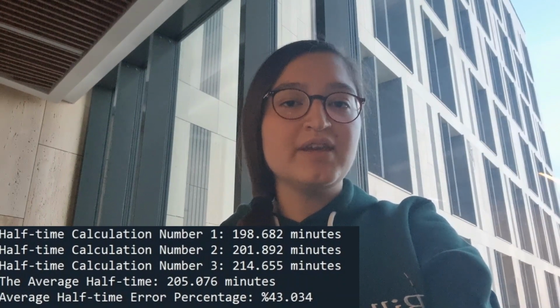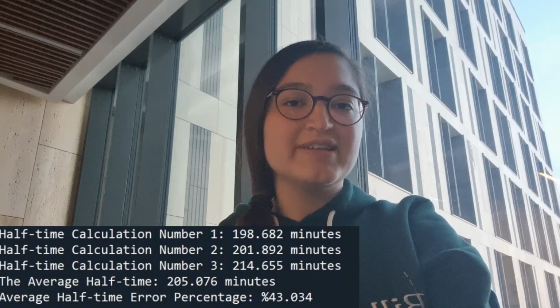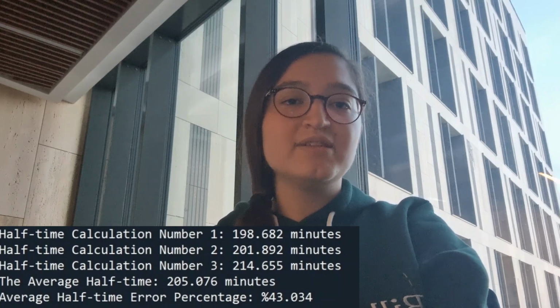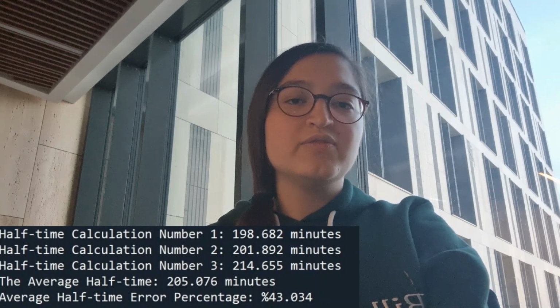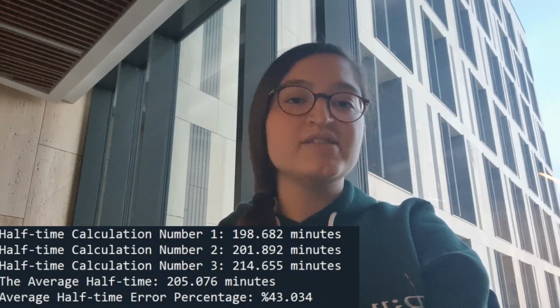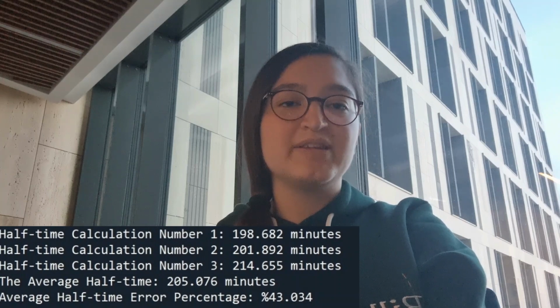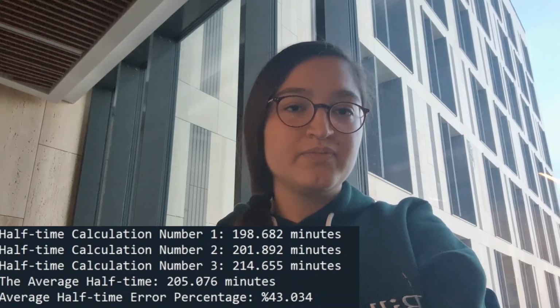When we investigate the results for the approximation of the half-life of Technetium-99m, we can see that the error percentage is very high. The error is 43 minutes, and this value cannot be disregarded so easily. However, the value is not totally illogical, and it is comparable to the real expectation of the half-life.